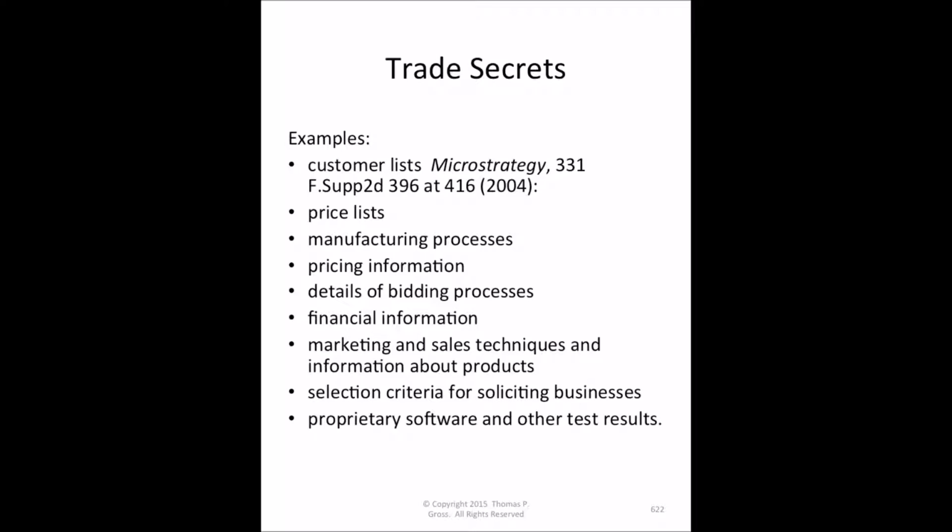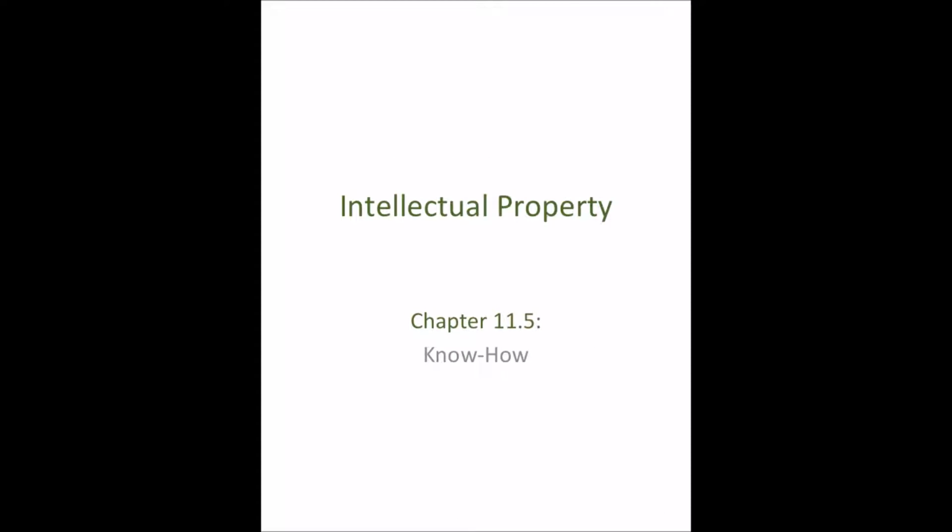Examples of trade secrets: customer lists, price lists, manufacturing processes, how long you cook French fries in peanut oil at McDonald's, at what temperature and how thin or thick the French fries are cut, pricing information, details of your bidding processes. All of these could qualify as trade secrets.